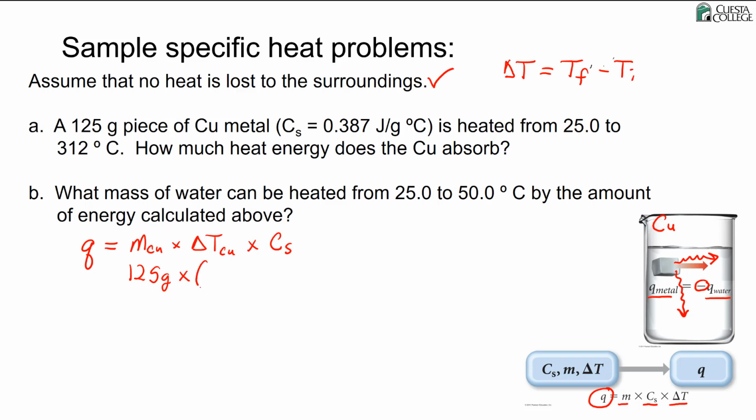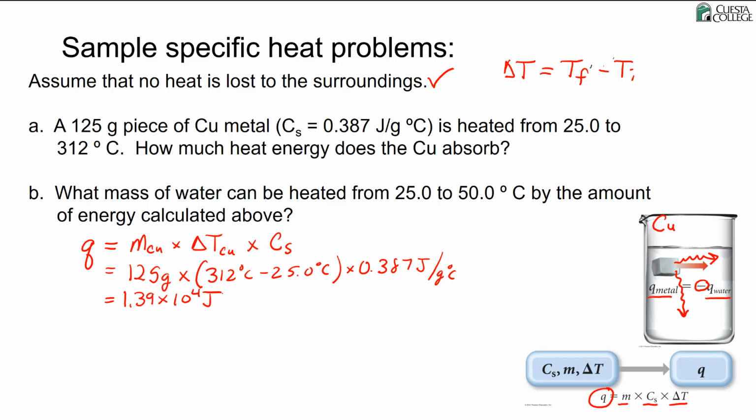In this case, the initial temperature of the copper was 25 and the final was 312. And multiplied by the specific heat capacity. This all works out to be 1.39 times 10 to the 4th joules of energy.